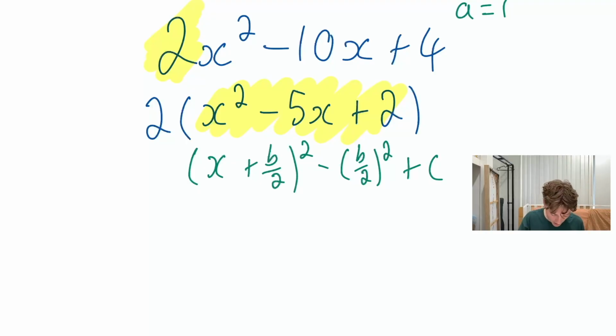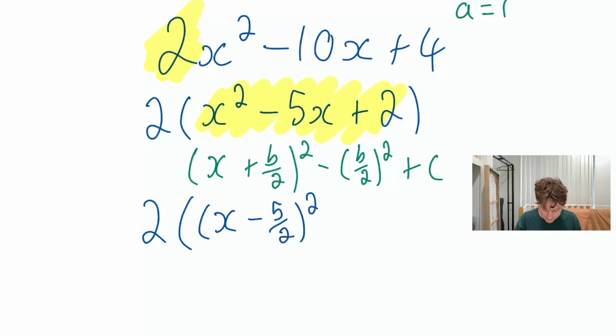So if I apply my rule, I have 2 outside of. Now I'm factorizing, so I need a second bracket. It is going to be x plus b over 2. Well, because b is negative 5, that becomes minus 5 over 2 squared. My b term on the end becomes minus 5 over 2 all squared, plus 2 on the end. And I only need one bracket there at the very end.